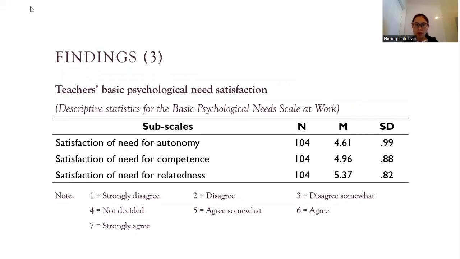The study found that teachers reported a high level of satisfaction for their need for relatedness with 5.7, and then a little bit lower level for the satisfaction of need for competence. And finally, teachers' satisfaction of need for autonomy was relatively low, just 4.6.